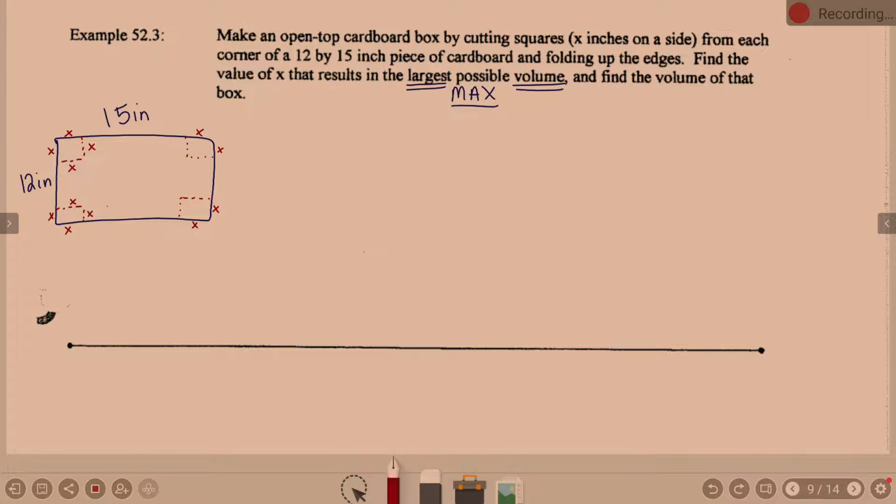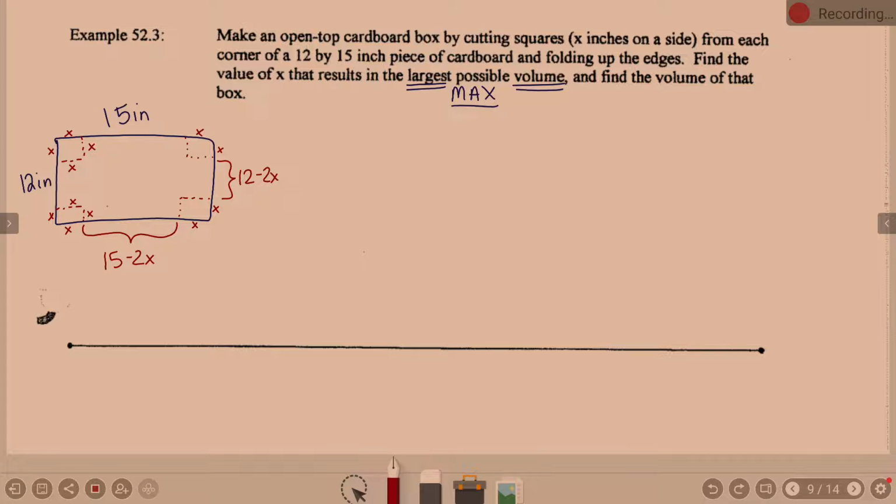So do you remember how this works? What is the actual length of this box? Okay, so it's the original 15, take off the two corners, so 15 minus 2x. And that means the width is 12 minus 2x. Because it was 12, you take off those two corners that are x in length.